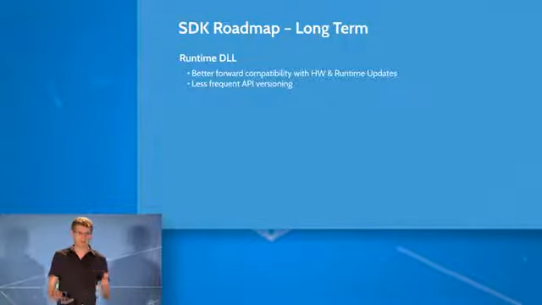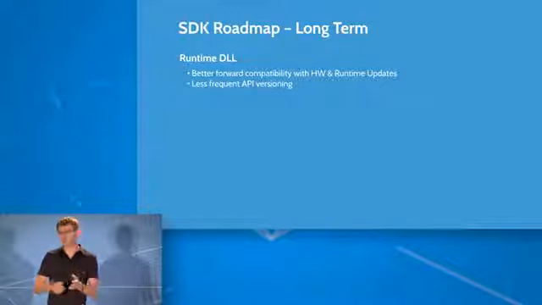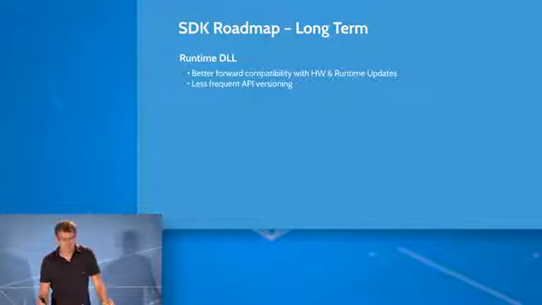If we change the refresh rate and other details of the screen and lenses, the best way for us to do that is to supply a DLL, which would allow games to update automatically without having to rebuild and recompile. Within a longer 2 to 6 month time frame, we'll be switching to that model. It does mean there'll be less frequent versioning, but hopefully more functionality will be released in those.